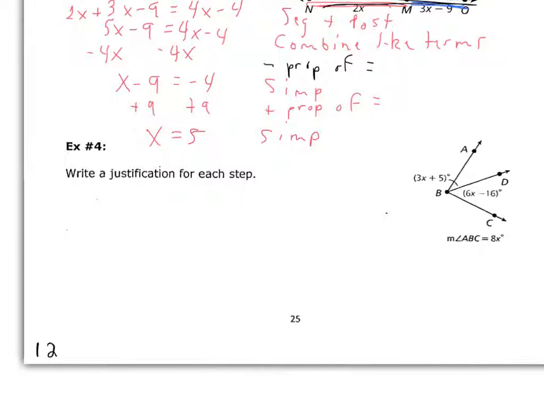Okay, so over here it says the whole angle is 8x, and we know that each of these little angles are 3x plus 5 and 6x plus 16. Okay, so we know the angle addition postulate says that two angles added up equal the whole angle. So we have 3x plus 5 plus 6x minus 16 equals the whole angle 8x.